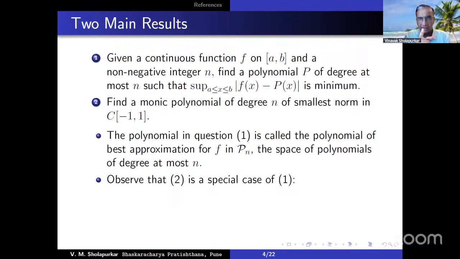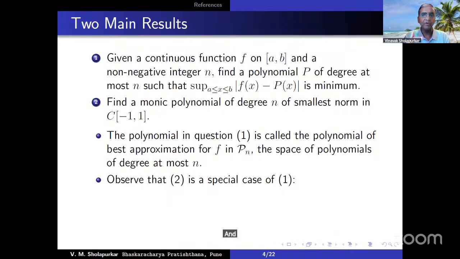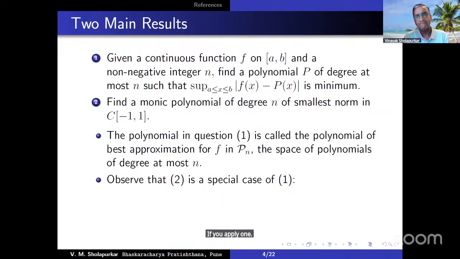See, in 1, you are trying to approximate any continuous function and trying to find the polynomial of best approximation for that continuous function. If you apply 1 in particular to the function x to the power n, so you choose f(x) equal to x to the power n now, and ask for the best approximation in Pn minus 1.